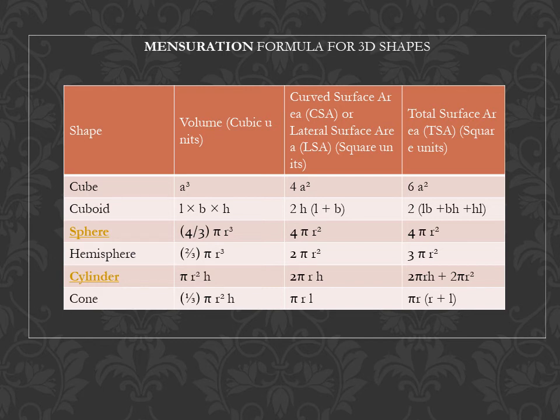Curved surface area or lateral surface area for sphere is 4 pi r square and the same it is for total surface area too, 4 pi r square. Hemisphere is 2 by 3 pi r cube. Curved surface area 2 pi r square. Total surface area 3 pi r square.